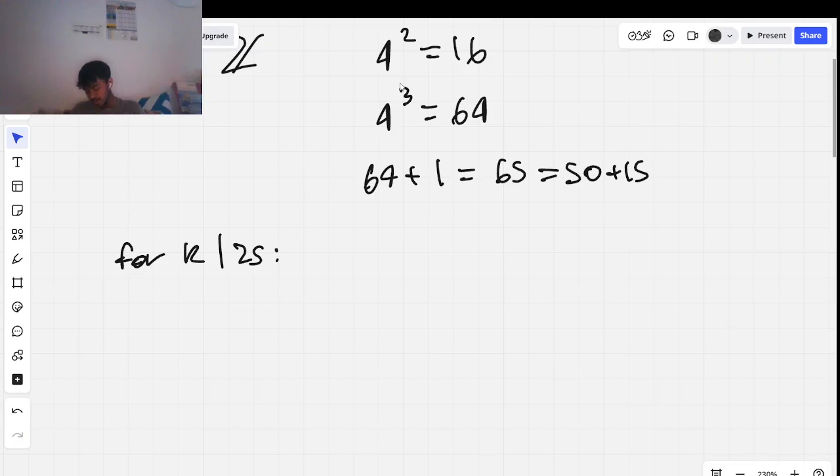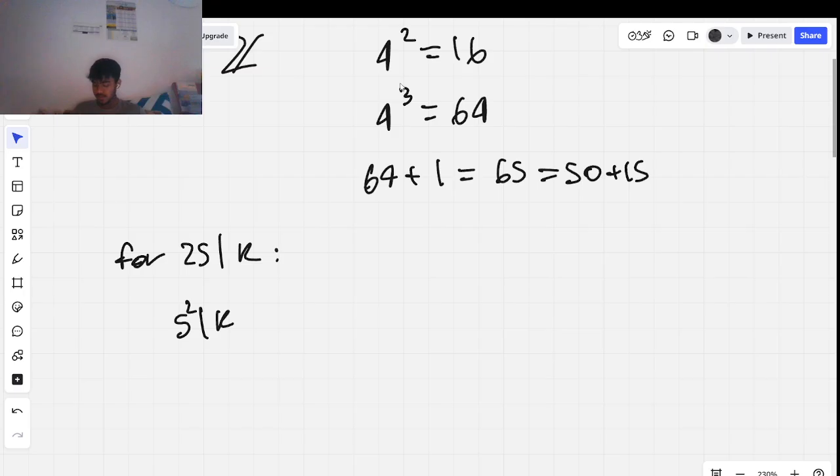For 25 to be, it's the other way around. 25 to divide k. 5 must divide k, and actually, you need to have two fives. So 5 squared must divide k.